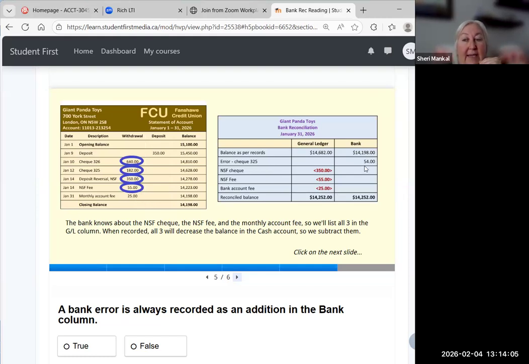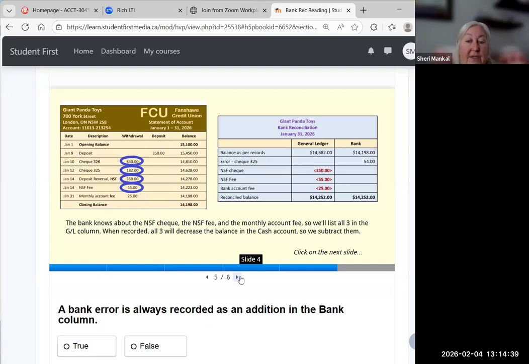So I would add that here on the bank side of things. And also any mistakes that happened or any checks that haven't cleared. So there's a few things that we could be adding on to the bank side, but again, anything we add on to the bank side of a bank rec, we don't have to do anything with except watch to make sure that it appears on the next month's statement. As long as it appears on the next month's statement, then we just check it off on both of the documents and we're good to go.